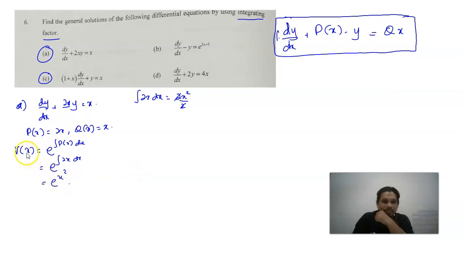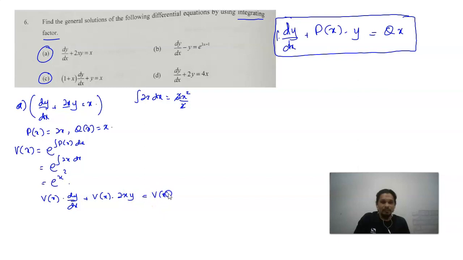This V(x), the integrating factor, we are going to multiply with the whole equation. So V(x) times dy/dx plus V(x) times 2xy equals V(x) multiplied with Q(x), which is x here.